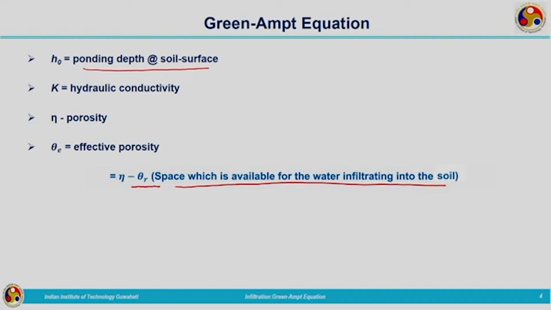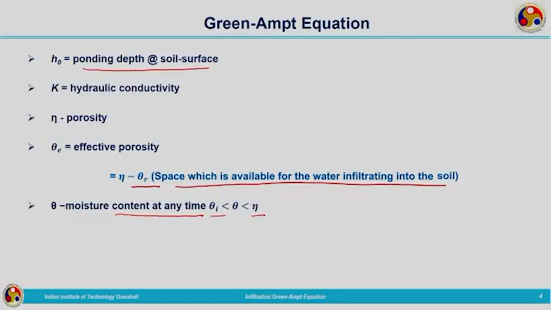Initially we have a moisture content, that is the residual moisture content. Beyond that, how much is available is eta minus theta r, which is represented by the effective porosity. Theta is the moisture content at any time, between theta i and eta. The initial moisture content is theta i, since the soil we are considering has a certain moisture content present.